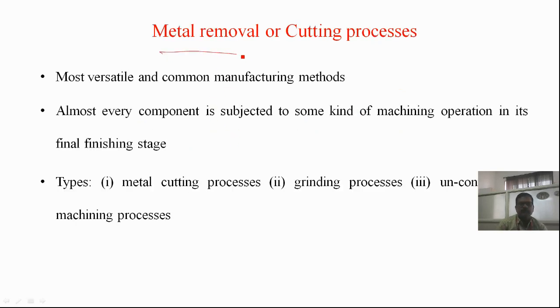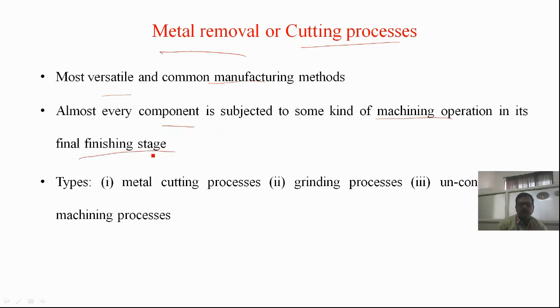Next, metal removal or cutting process. This is the most versatile and common manufacturing method. Almost every component is subjected to some kind of machining operation before its final finishing stage.